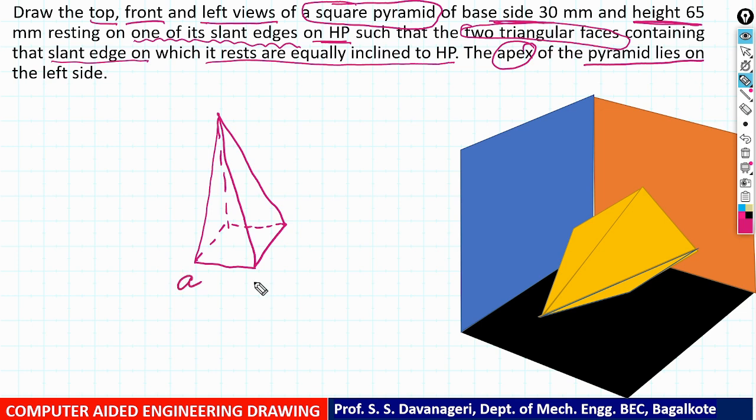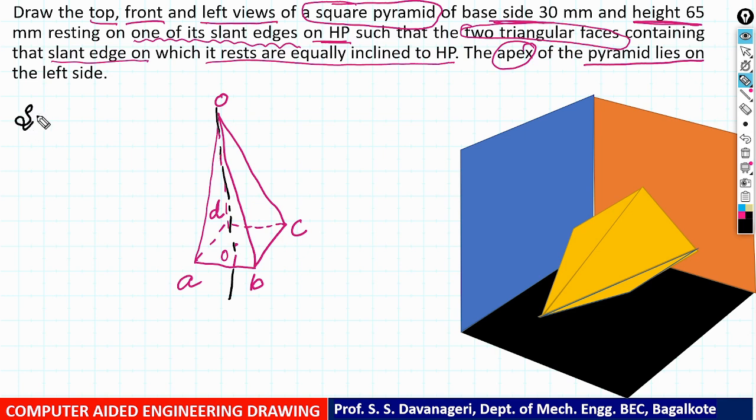Let us mark the base A, B, and here the hidden one is D. Let us mark the apex O and its base center point as O1. So now you are going to get an axis here. Okay, now just observe.